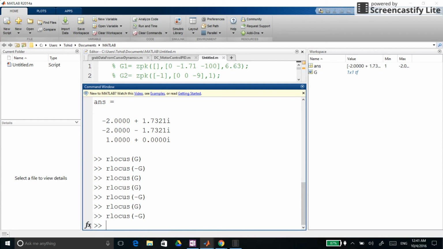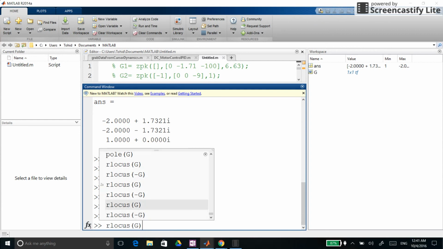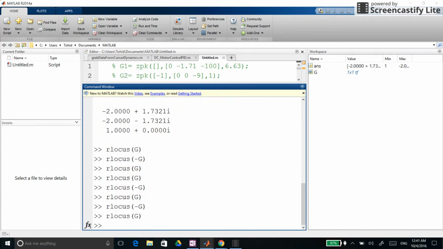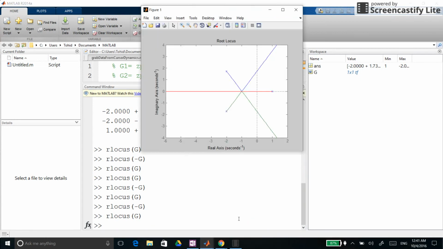To draw the root locus for the system, I can use rlocus of g. And here we have the positive locus. And as you can see, it's exactly the same as what we had in our analytical solution.